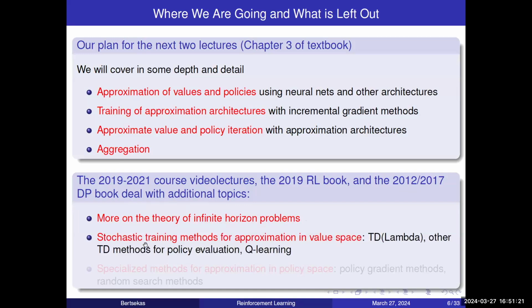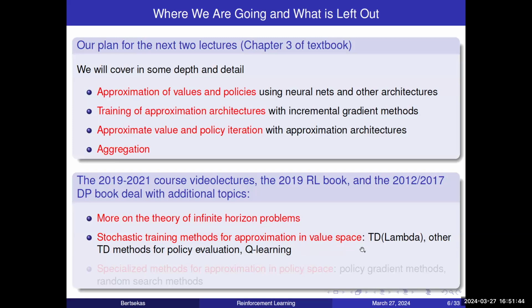Another subject where we have left out a lot of details is stochastic training methods for approximation in value space. We're going to cover in this course just a very high level overview of some main ideas of training, architecture, neural networks, and so on.